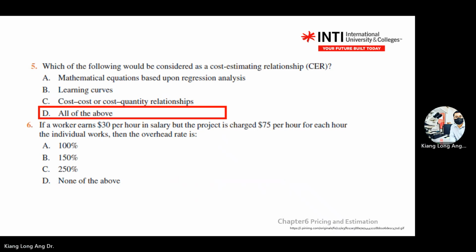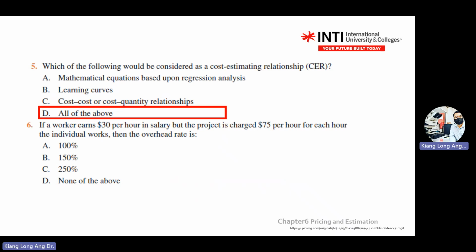Okay, if a worker earns $30 per hour in salary, but the project is charged $75 per hour for each hour the individual works, then the overhead rate is what? So it's how many percent? You pay a worker $30, but you charge the project $75.